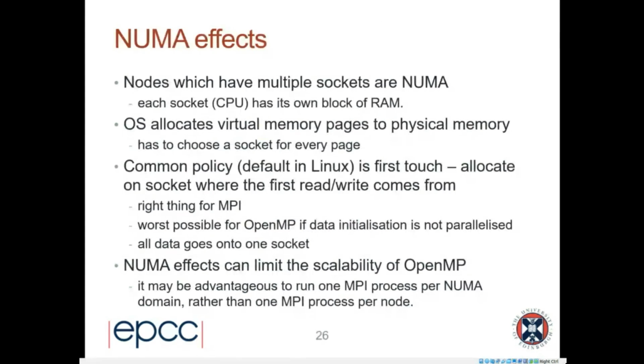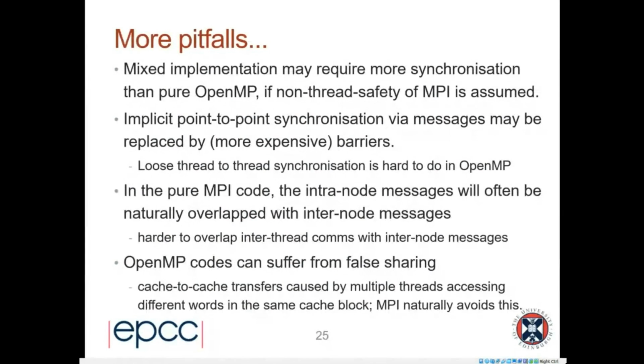And so there are more pitfalls. I'm running over time. There are a lot of issues here. You might need more synchronization. OpenMP uses global synchronization within a node, and it's harder to overlap your OpenMP with your MPI, and OpenMP codes can suffer from false sharing. This is a cache effect.